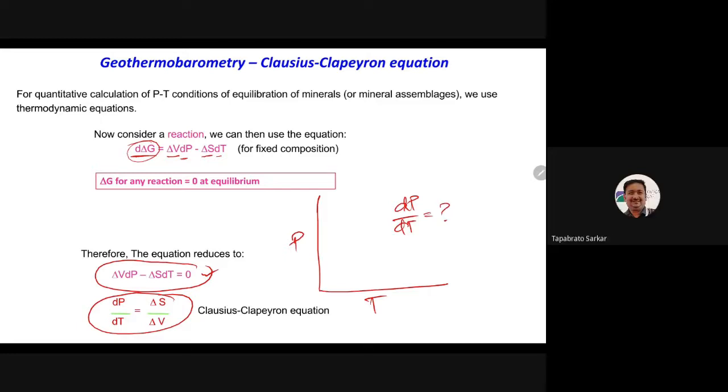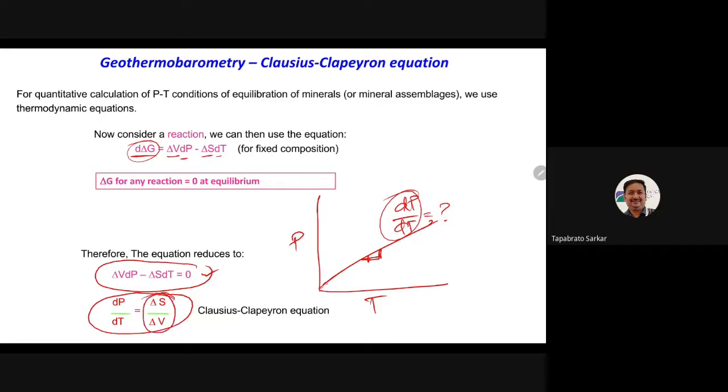It's a slope. Very good. Any slope of a line is given by dP by dT.